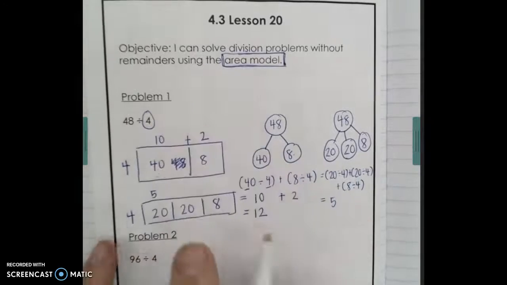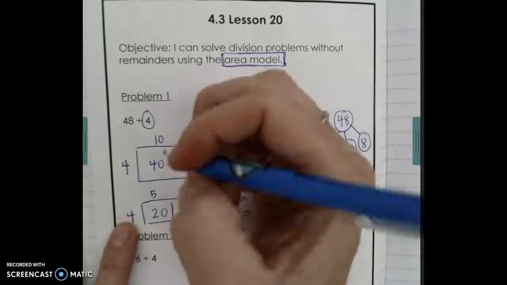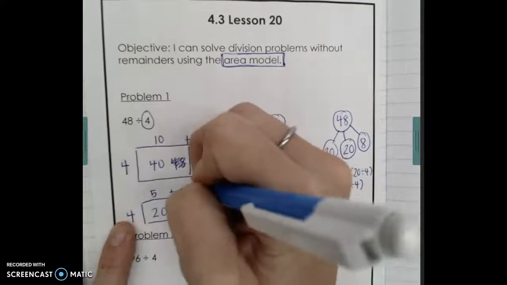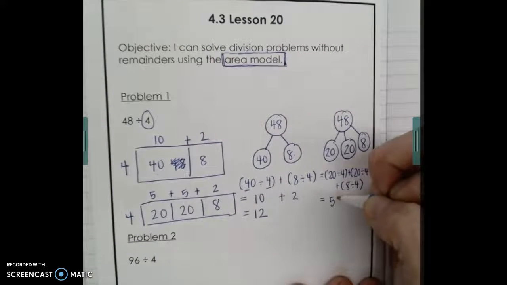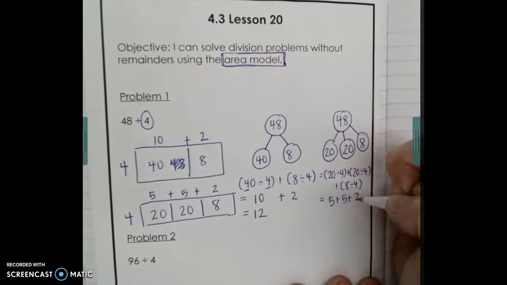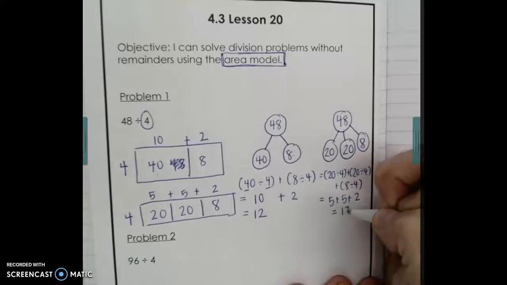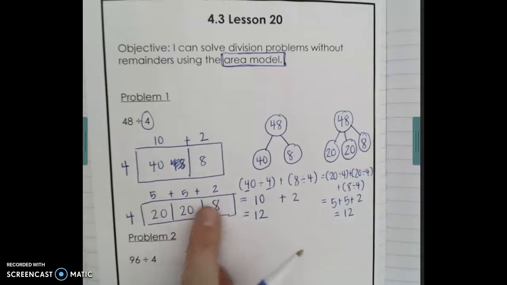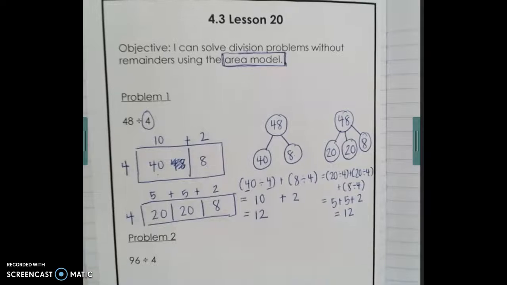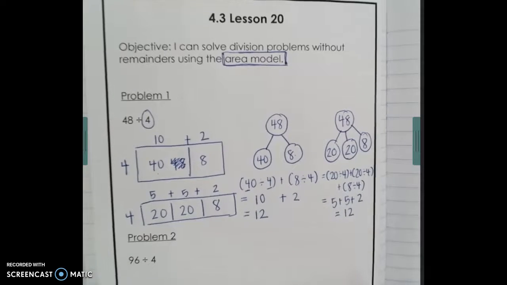This other one is the same thing, so I know it's going to be 5 too. And then we already did 8 divided by 4 and we got 2. So it would be 5 plus 5 plus 2, which gets us 12 again. So you can chunk it up as many times as you want, as long as you're getting that 48 on the inside. All right, let's try this with another problem.